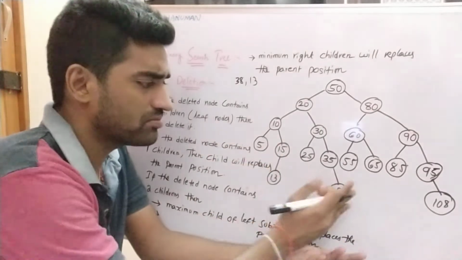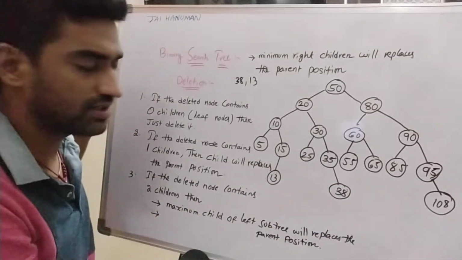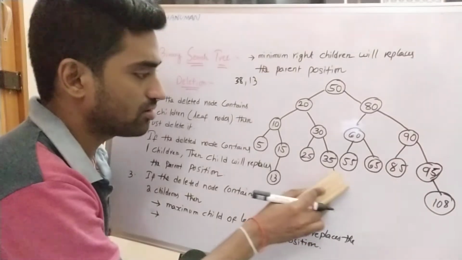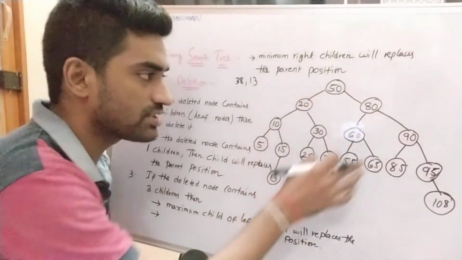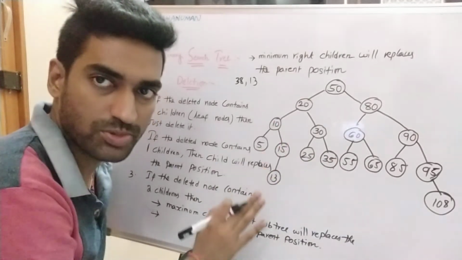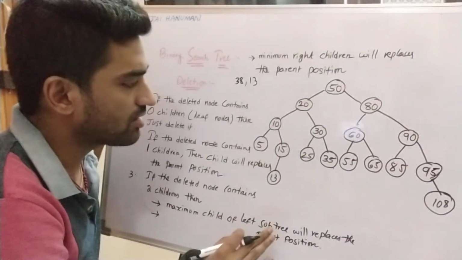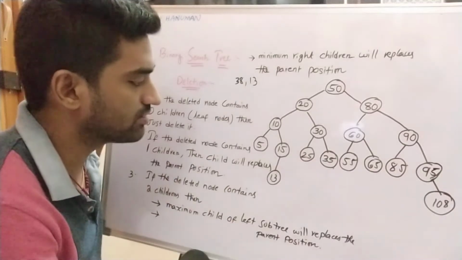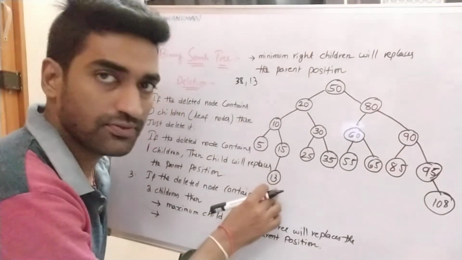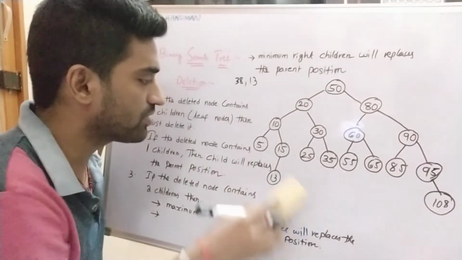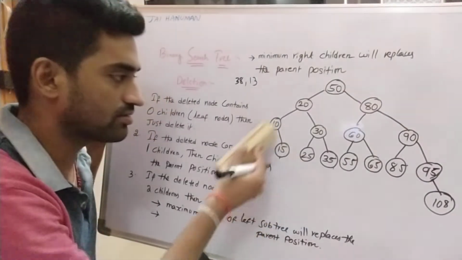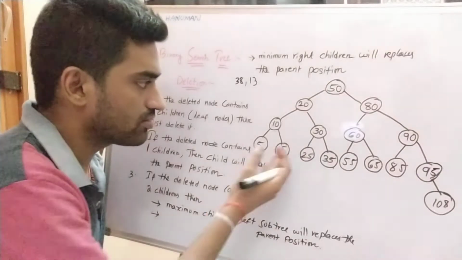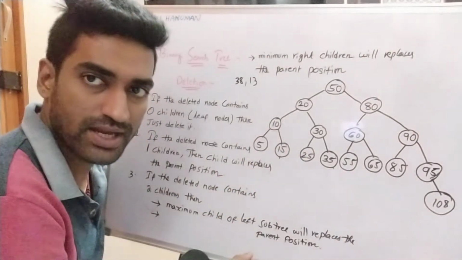Simply perform the deletion operation, so I delete 38. The newly generated tree also satisfies the binary search tree property. Then I am deleting 30. 30 is also a leaf node, so we simply perform the deletion operation. The newly generated tree also satisfies the properties of a binary search tree.